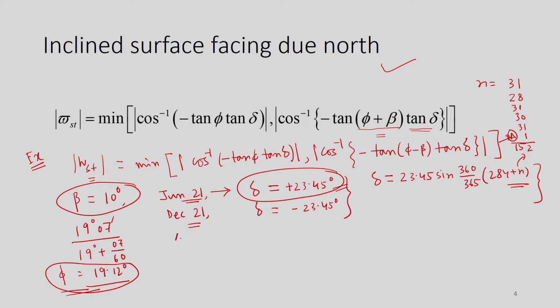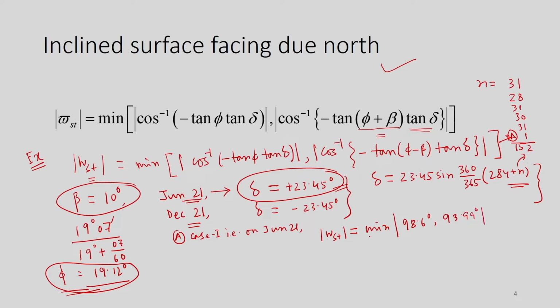So, A implies for case 1, that is on June 21. If we substitute the values, we will get omega st minimum. Based on the calculations we will get 98.6 degree and we will have 93.99 degree, which is equivalent to 94.